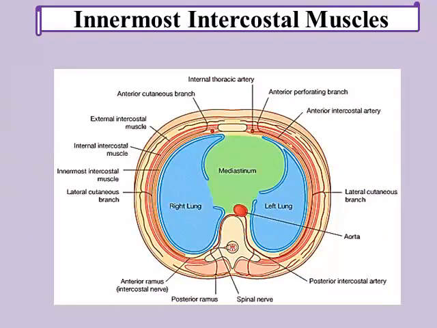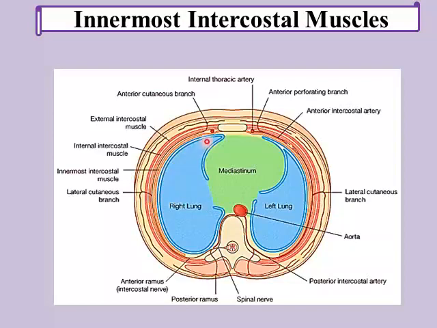This is a transverse section to see the arrangement of the muscles. The first red layer is the external intercostal. The second one is the internal intercostal. Then there is a very fine layer, the innermost. Its color is orange in the diagram.